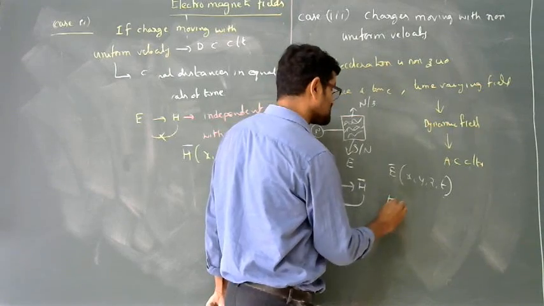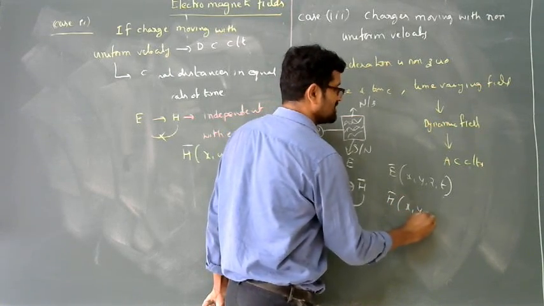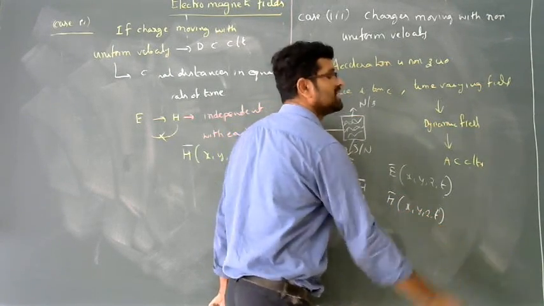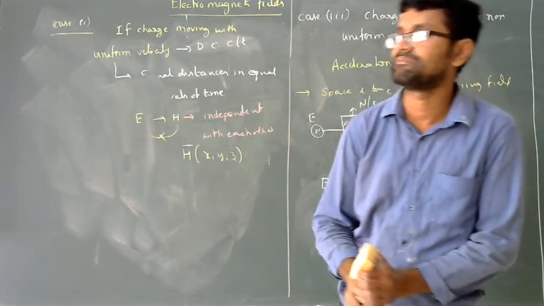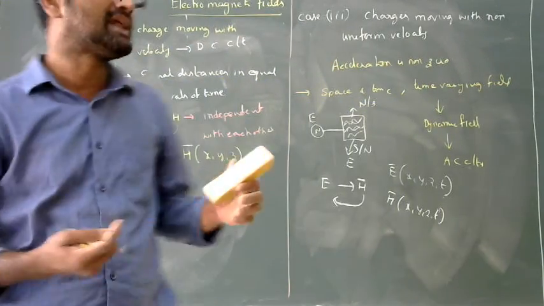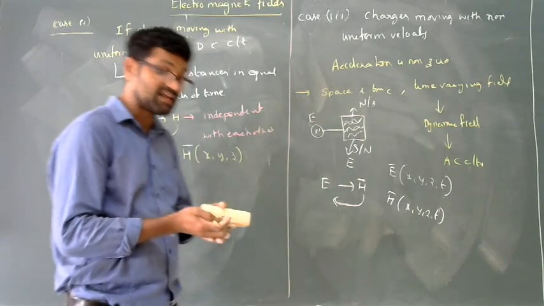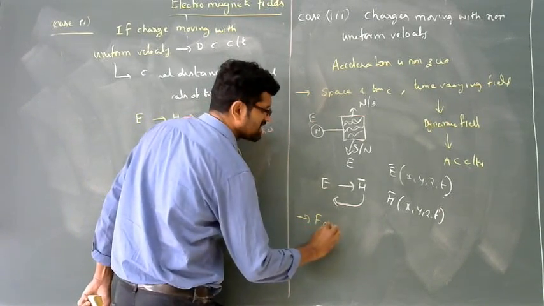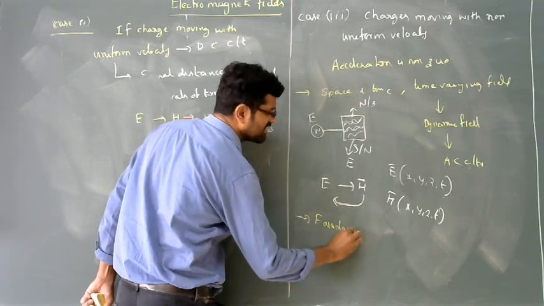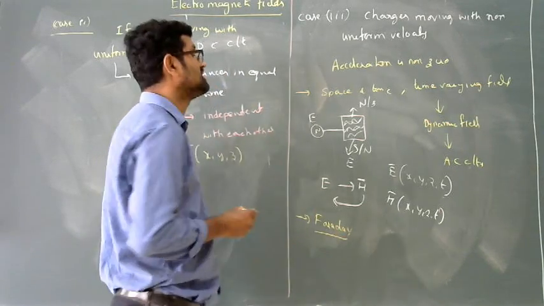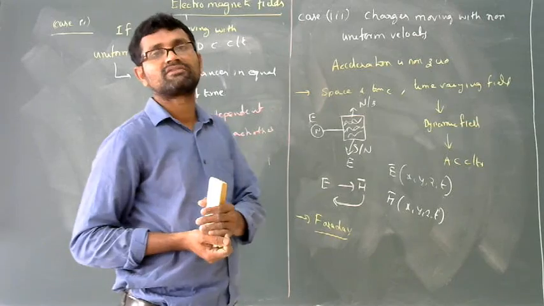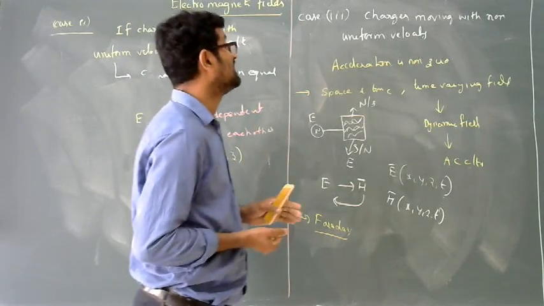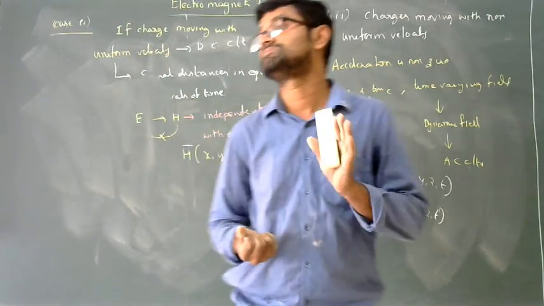The interdependency, the interrelation between the electric field and the magnetic field, was explained by the scientist Faraday. This is about the concept of charge.